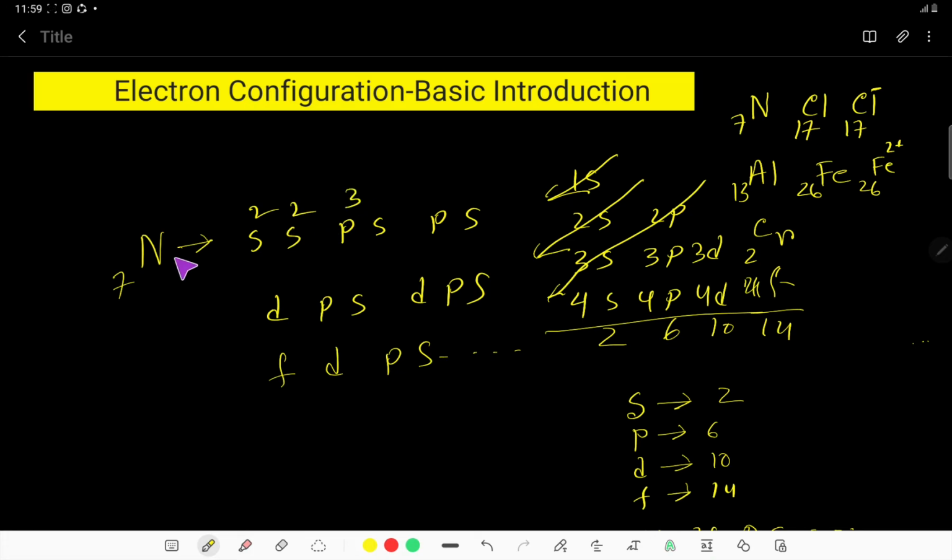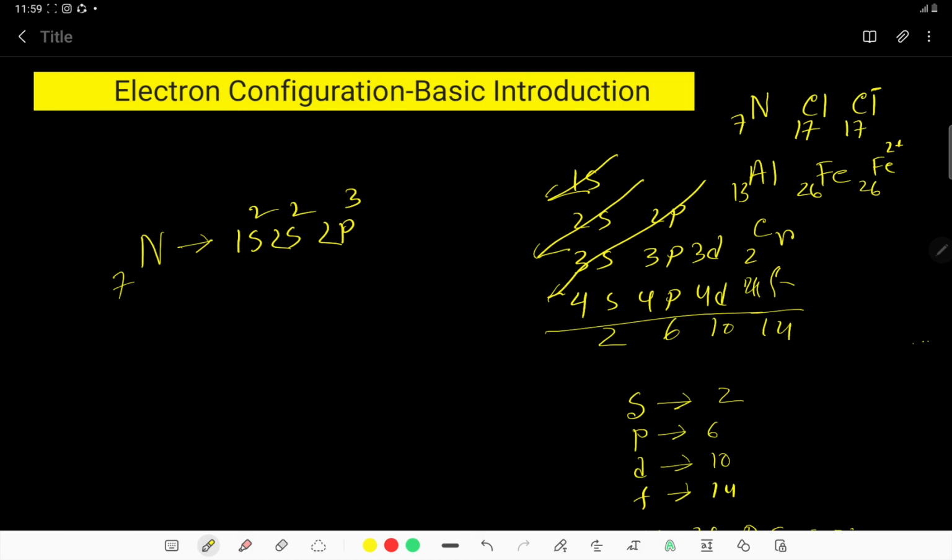So you don't need these sublevels. Now place the value of the principal quantum number before s and p. So s starts with 1s, then 2s, and p starts with 2p, right? So this is the electron configuration of nitrogen.